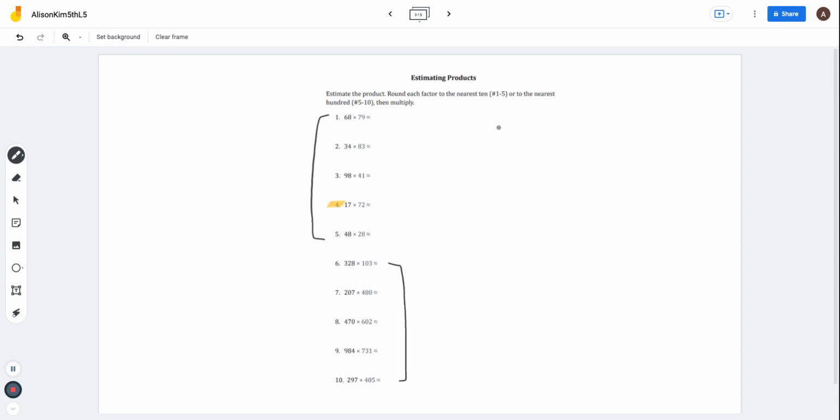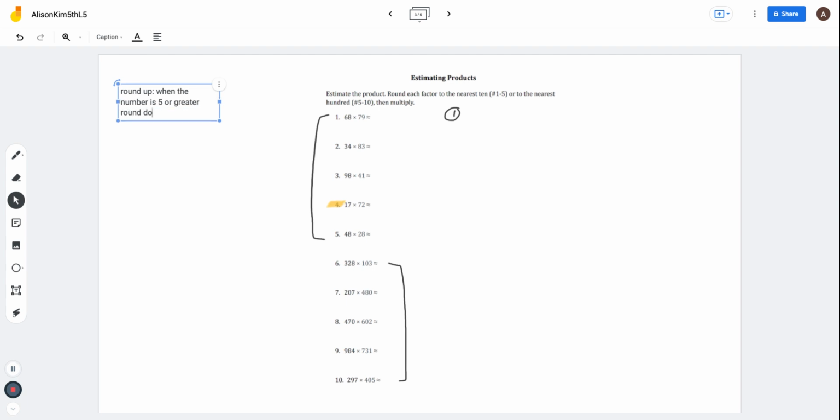There are 2 ways to do this. You can either round at the very end or round at the very beginning. I'll show you both ways. The first way would be rounding at the very beginning. I'm going to repeat my rules that I always give. You round up when the number is 5 or greater.